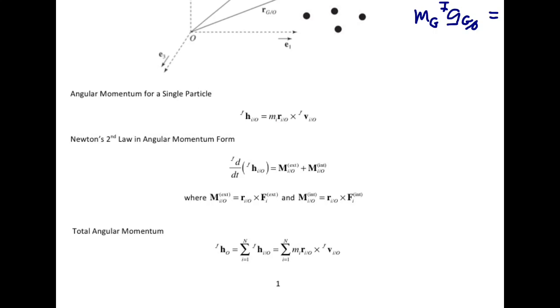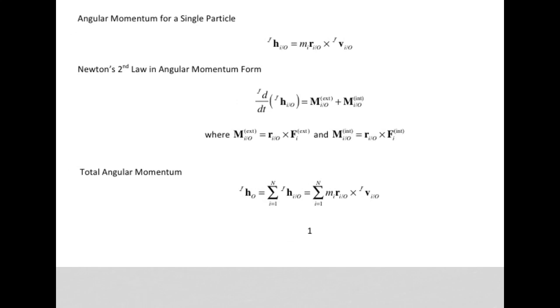And then, of course, Newton's second law in angular momentum form for a single particle, if we add the index notation, looks the same, where we have the moment of I with respect to point O. We have both internal forces and external forces. So we're now introducing this separation of external forces on the system and internal forces, which will be between the particles.